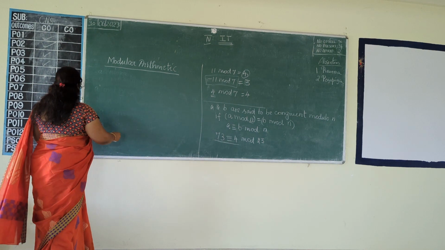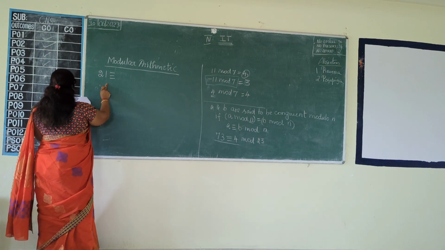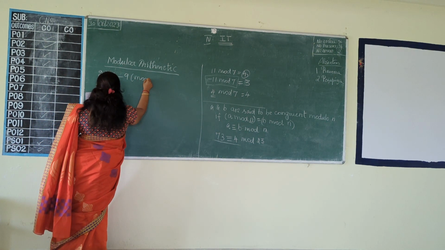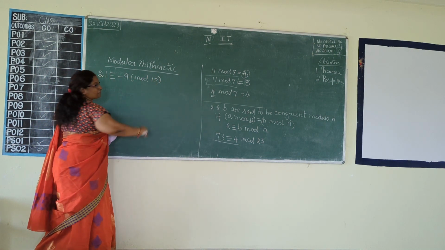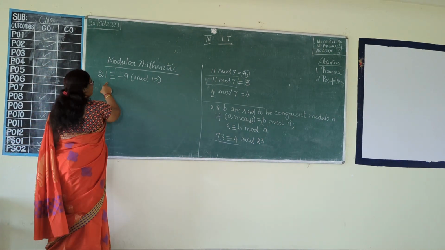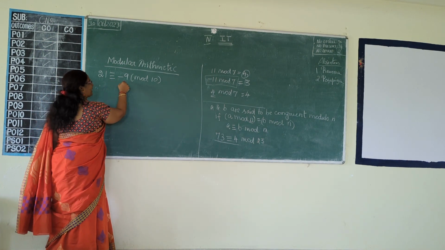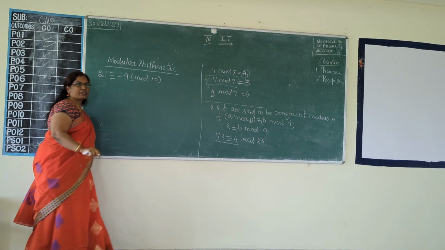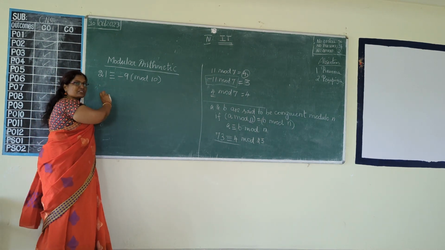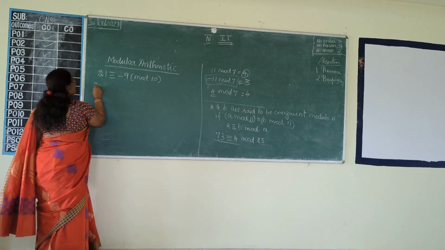So that is an example for positive values, now for negative values. 21 is congruent to minus 9 mod 10. Do you agree? I'll show you whether it is congruent or not, you need to check it. How do I check?